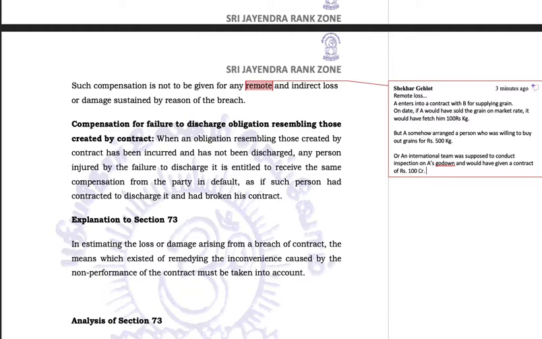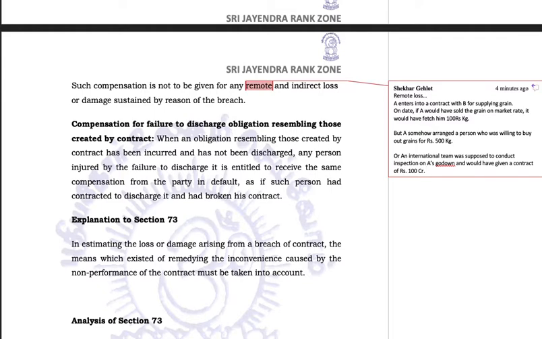Or suppose some international team was supposed to conduct an inspection of A's godown, and would have given a contract of 100 crore rupees to A if A could have shown them the quantity in the godown that particular day. But because B did not supply A the grains at that moment, that team was dissatisfied with A's stock.